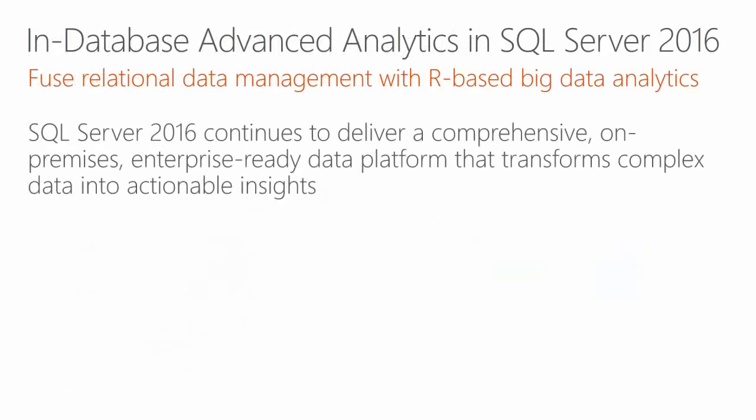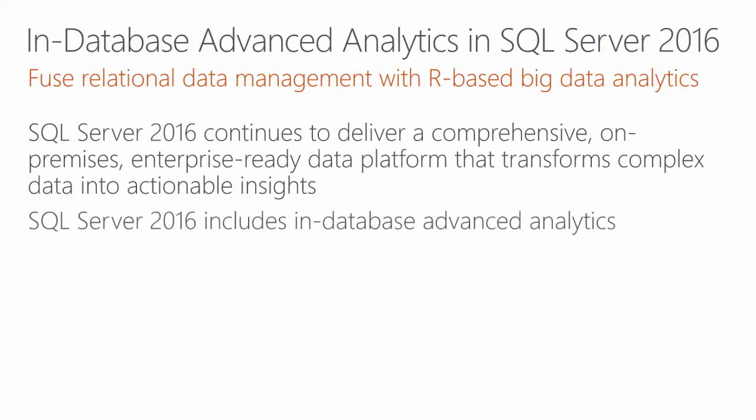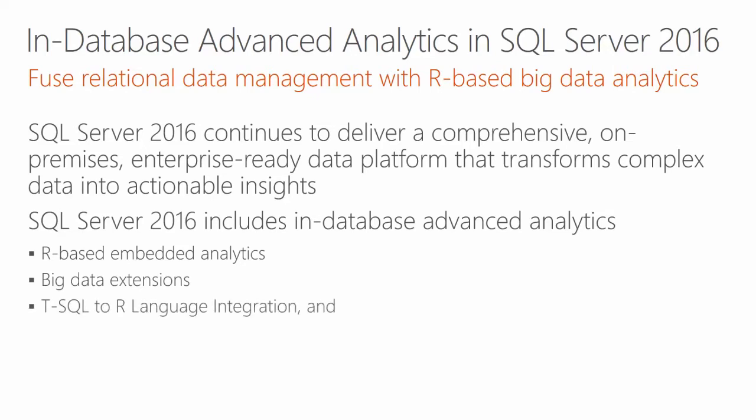SQL Server 2016 continues to deliver a comprehensive, on-premises, enterprise-ready data platform that transforms complex data into actionable insights. SQL Server 2016 includes in-database advanced analytics, including R-based embedded analytics, big data extensions, T-SQL to R language integration, and direct deployment of predictive analytics to SQL Server.